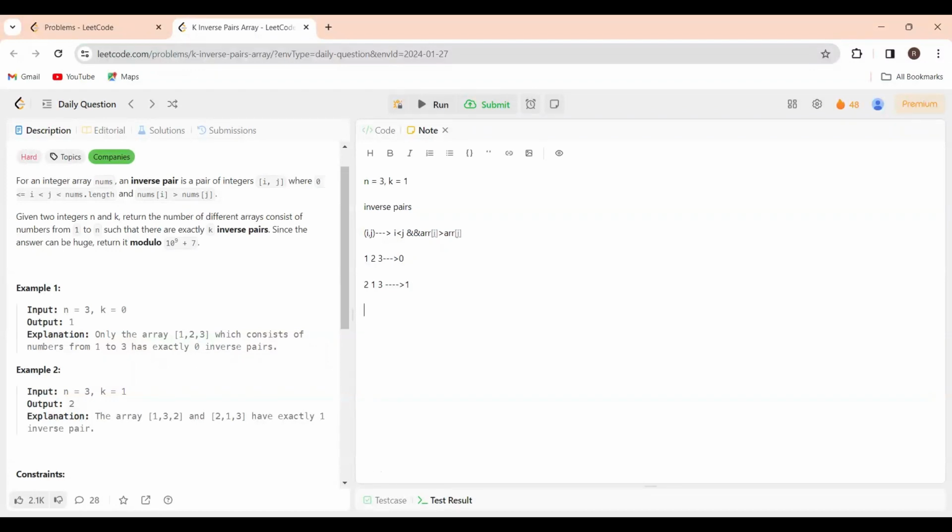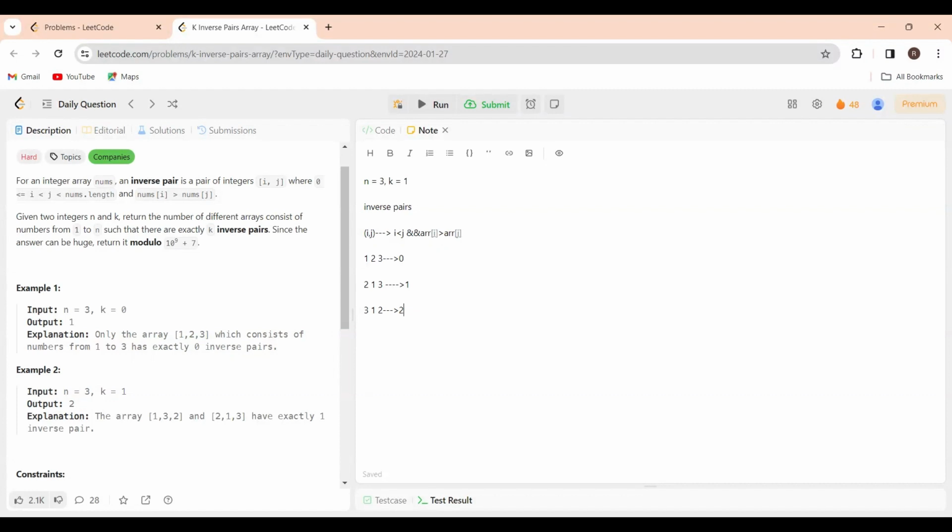What if we take 3 as a starting element? How many pairs can we make? The remaining elements will be 1 and 2, right? So here we can make two pairs, by keeping 3 as a starting element.